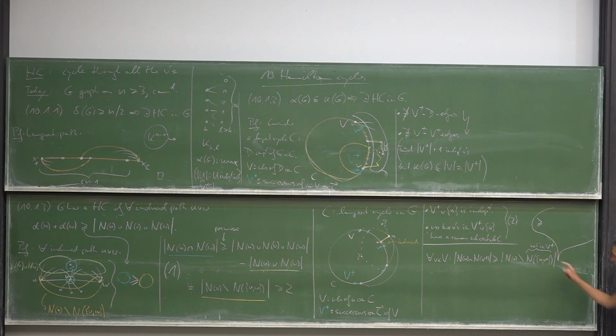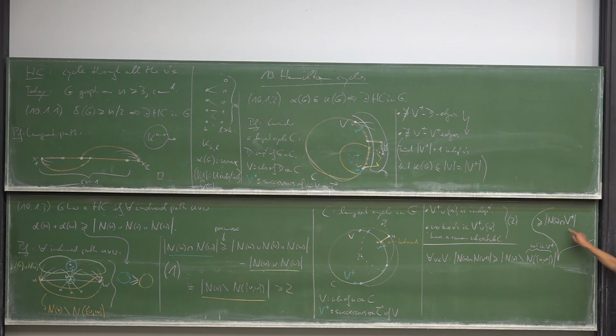Okay, but that means that if we're taking away from the neighbors of little v something that is not in v plus, then intersecting with v plus is not going to harm us.